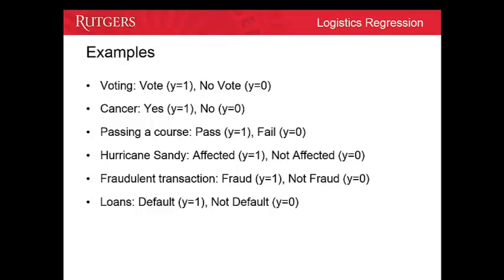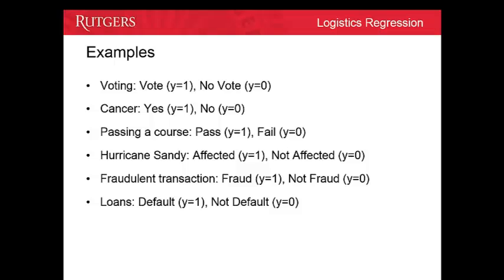Other examples where logistic regression models can be used are actually very diverse, and we can think of it with diseases in general. For example, whether a patient has high cholesterol or not. In this case, if he has high cholesterol, y would be 1.